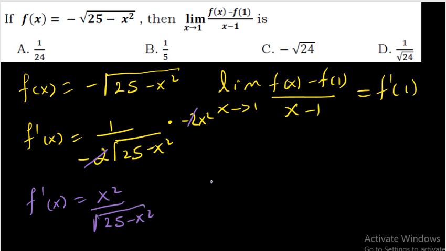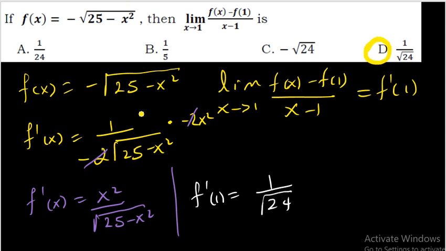I need f prime at 1, so I will substitute 1: 1 over square root of 25 minus 1, which will be 24 in the square root. So the answer should be directly written, that is D.